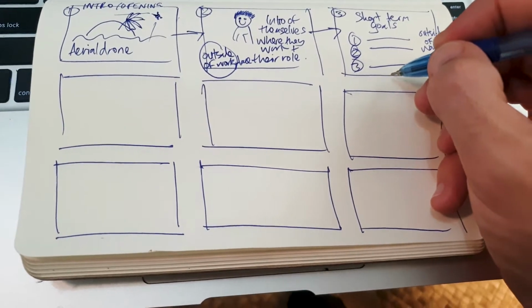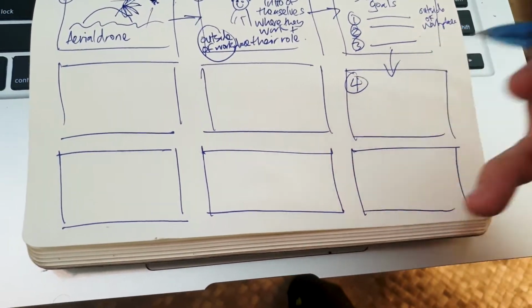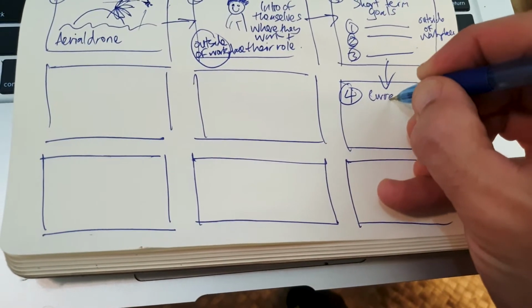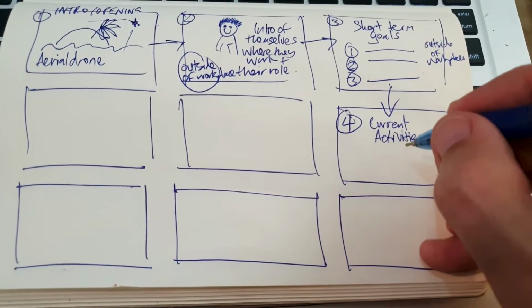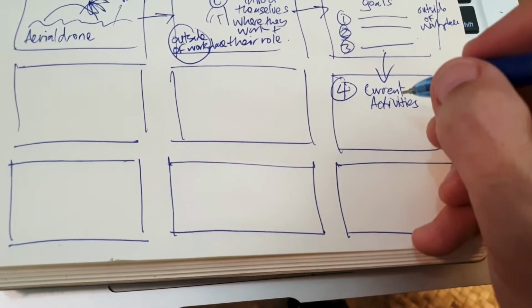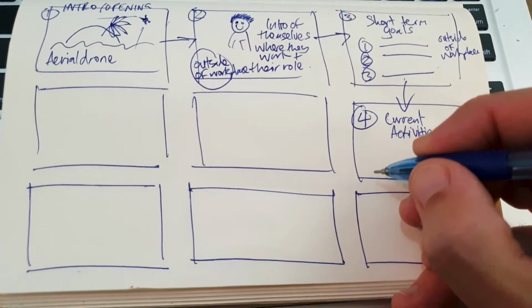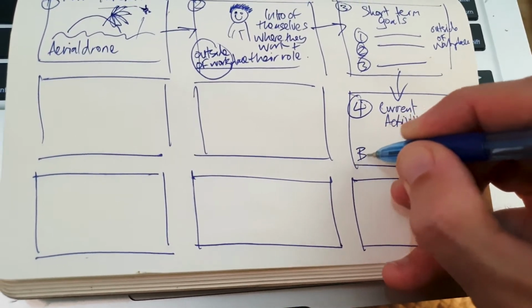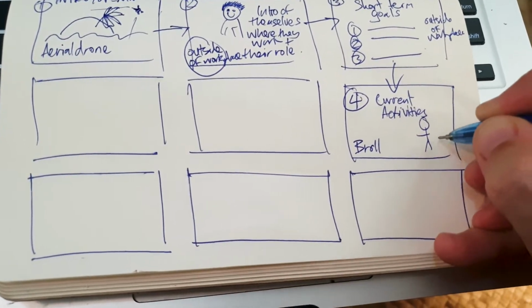Okay, and then we come down to number 4, the current activities. Again, this is something that the client asked for. They wanted to talk about current activities. Now what we're going to do in this case is we're going to actually film some B-roll. So we're going to say this is B-roll. And what we're going to do is we're going to have, there we go, a couple of people.